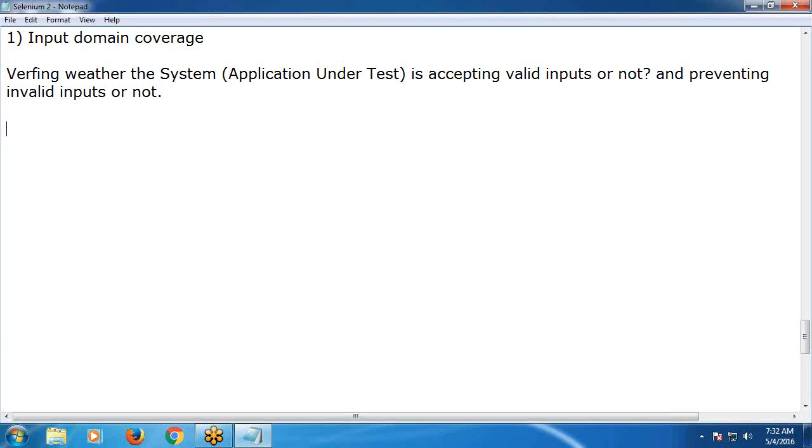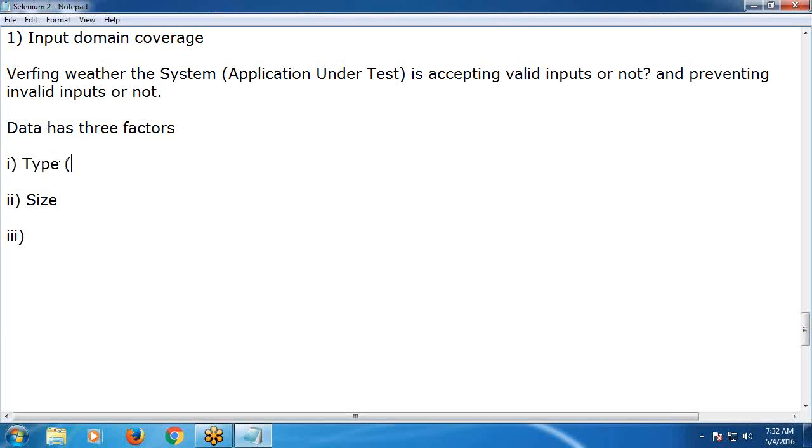Observe, data has 3 factors. One is type of the data. Another is size of the data. Next, last one. One more thing also there, I will explain. First, type of the data.